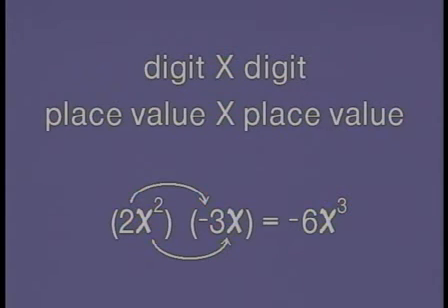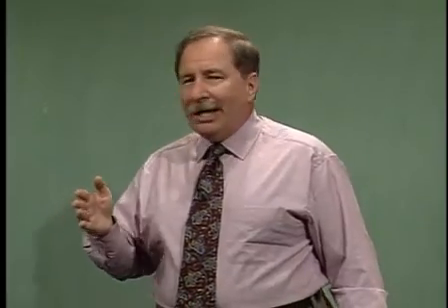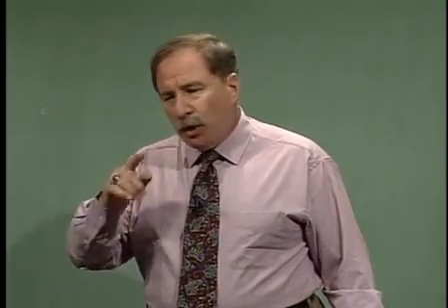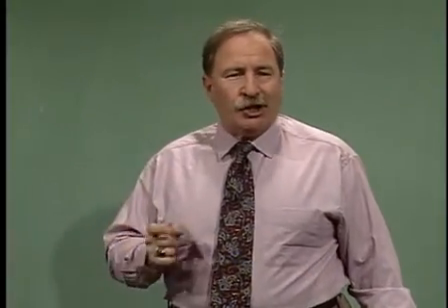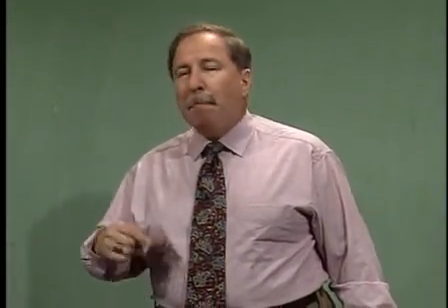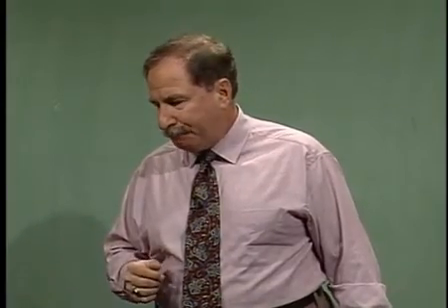You may recall from your previous experience in algebra that if you have 2 letters or a number and a letter without any symbol in between, that means multiplication. We don't want to use an x to show multiplication because then we get that confused with the x for the variable x. And therefore we use parentheses to separate the terms and to show that it's multiplication. If those parentheses weren't there, you might think it was 2x squared minus 3x, a subtraction problem.